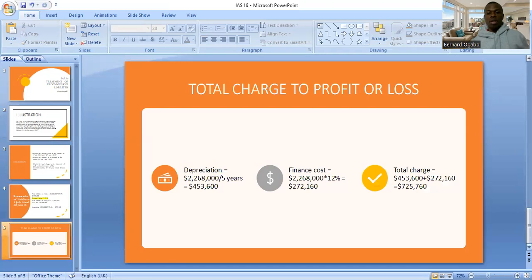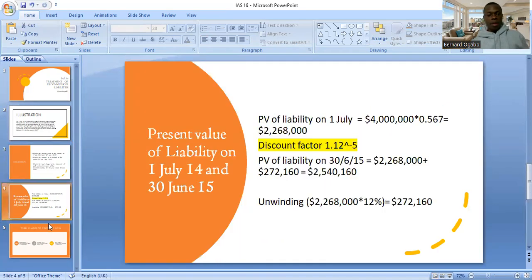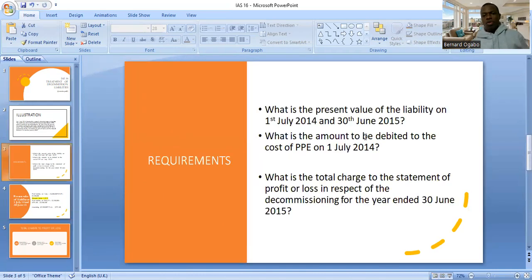The next question had said: what is the amount to be debited to the cost of PPE on 1 July 2014?